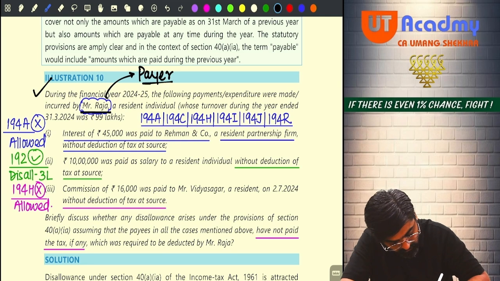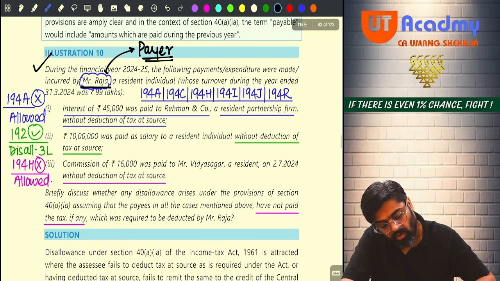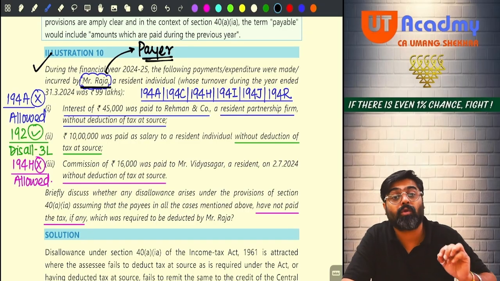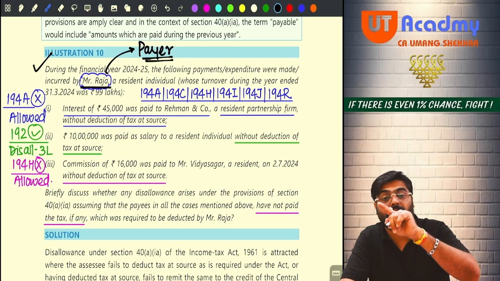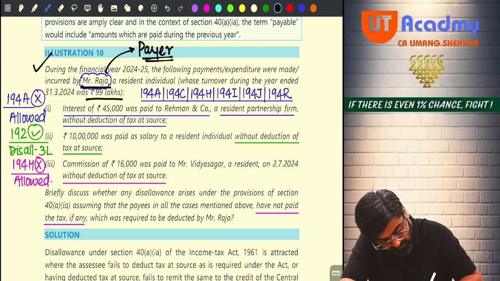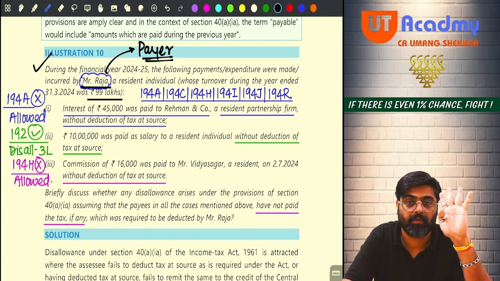Payer is an individual, yes or no? Yes. Now, his turnover during the year ended 31st March 24, meaning the turnover of the business of Mr. Raja during the last year, was 99 lakhs, meaning less than or equal to 1 crore.